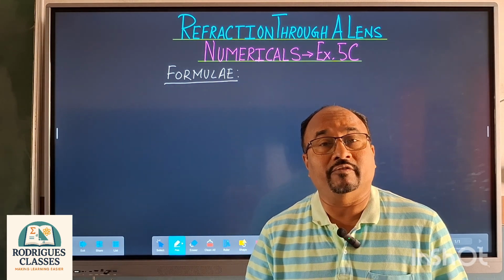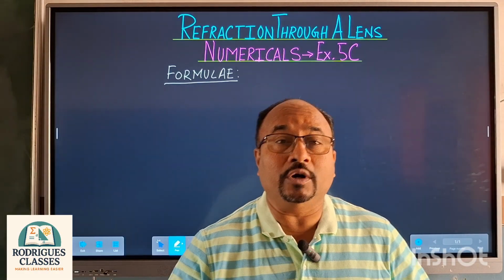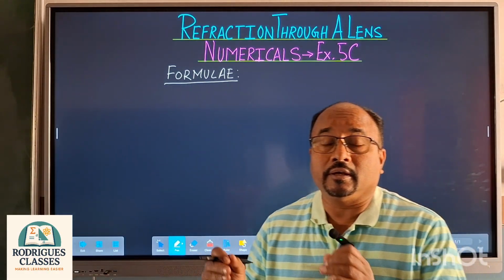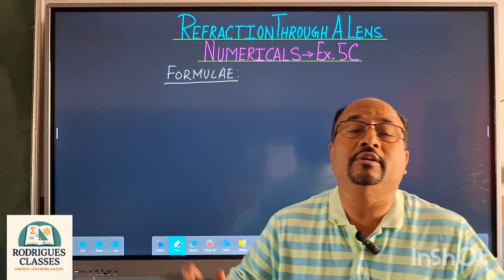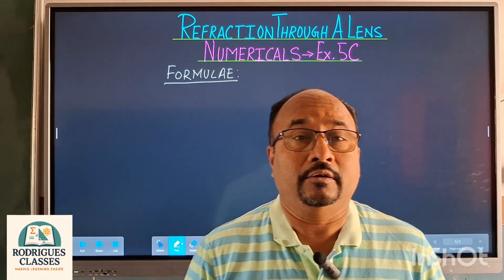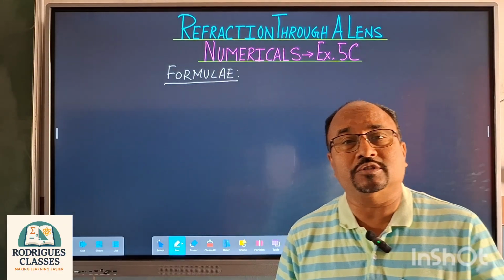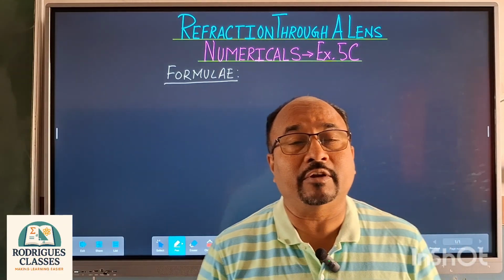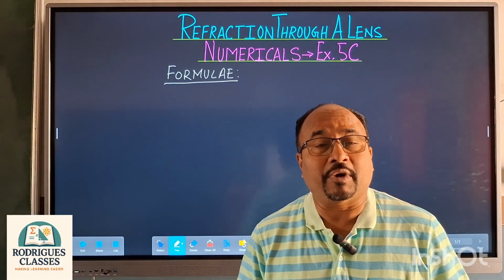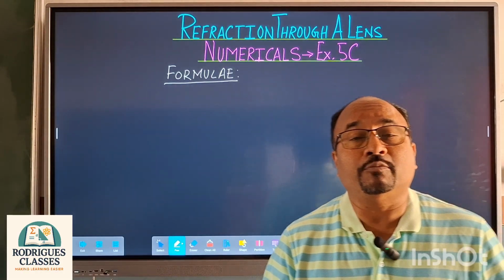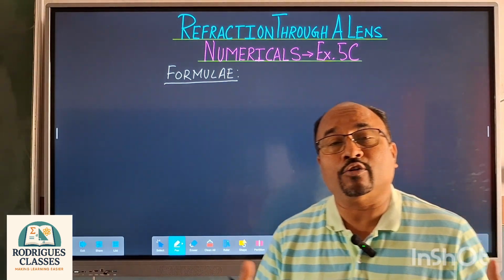So first of all, we will take a look at the formulas which will help us in working it out. But in this lens chapter, numerical, just the formula will not help you out in doing it. You have to know properly the sign convention, where a positive and where a negative sign will be used with each of these physical parts, that is the object distance, image distance, height of the image and height of the object.